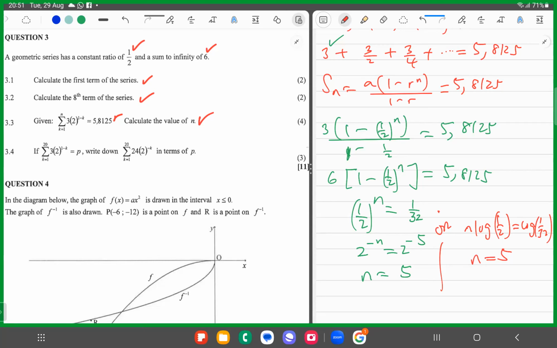We defined the value of n, and you can see that n equals 5. Right, so now here we do this one. If this summation is p, write down these in terms of p for 3 marks.